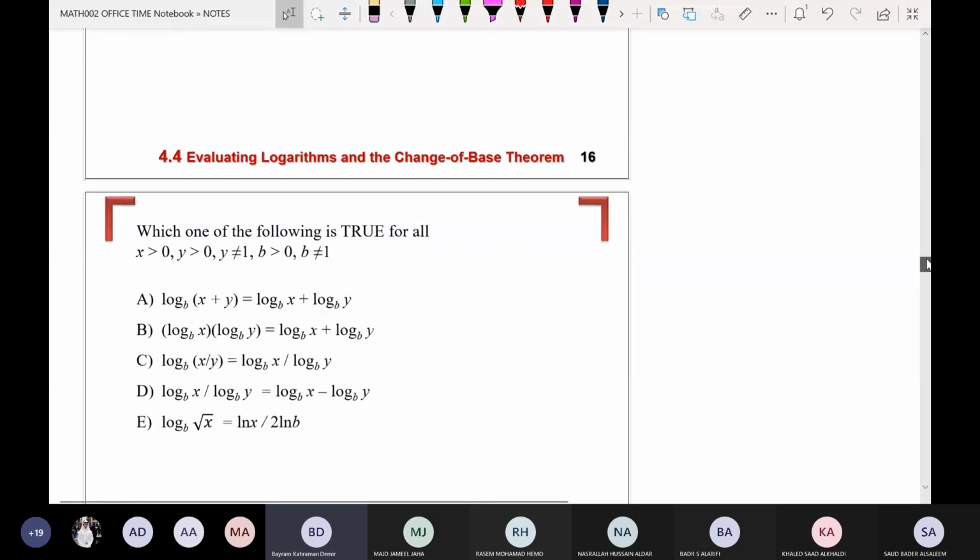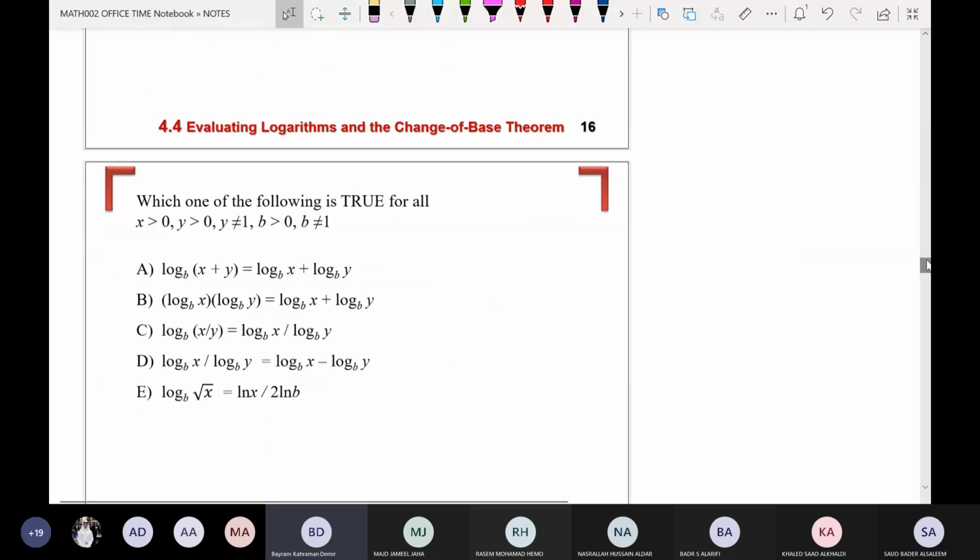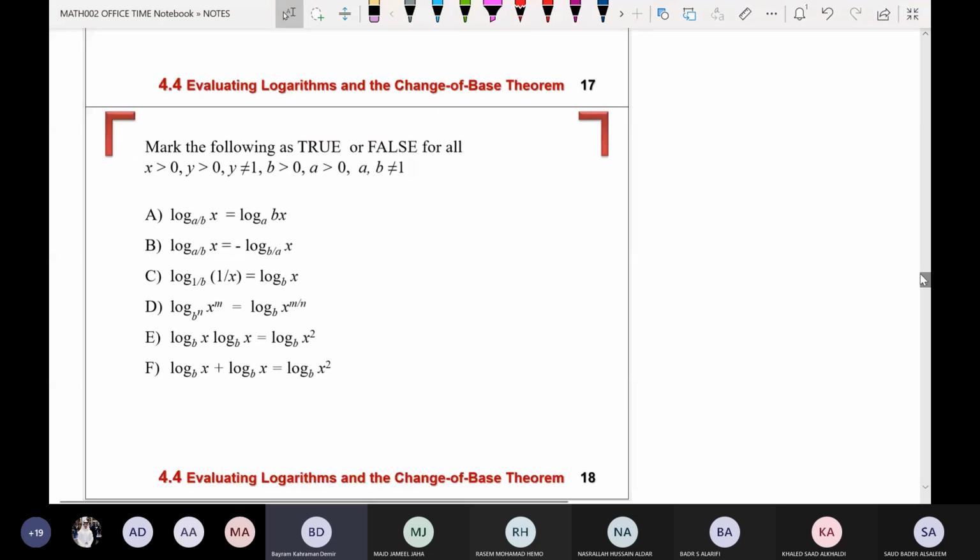Which one of the following is true? True is E only here. Which one of true or false? First one is false. Second one is true. This is true. This is true. This is false. And this is true.